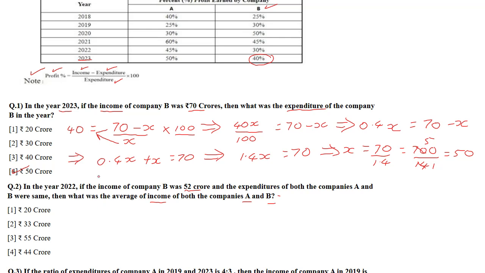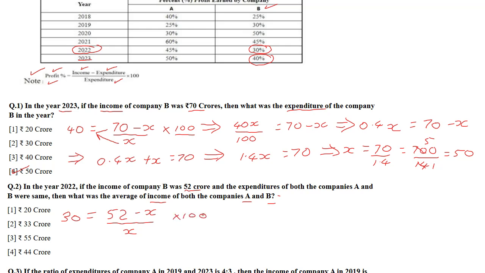All right, so let us first find out the expenditure for company B. And I'm going to take that as X using the same formula that we have over here. Which year are we talking about? 2022. And for now, we are concentrating on company B. So 30%. All right, so profit percent 30 is equal to income, which I know is 52, minus x upon x into 100.